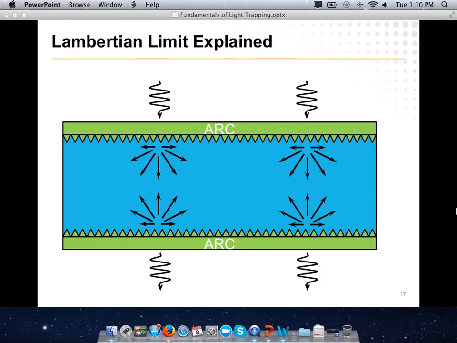So for the rest of this lecture, we're going to derive the Lambertian limit. And again, this is one of those little peeves of mine, because when I got into this, it was an idea people were throwing around like it was gospel. But the derivations for it were really counterintuitive and weird. You would have all these arguments based on density of states and probabilities of photons getting in and out.